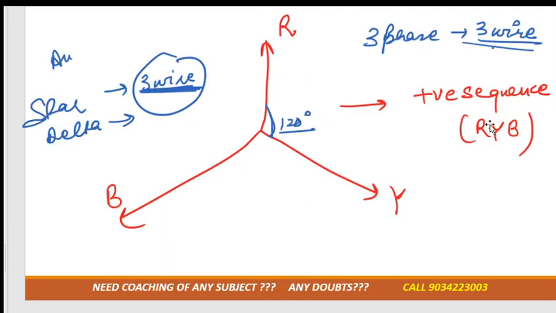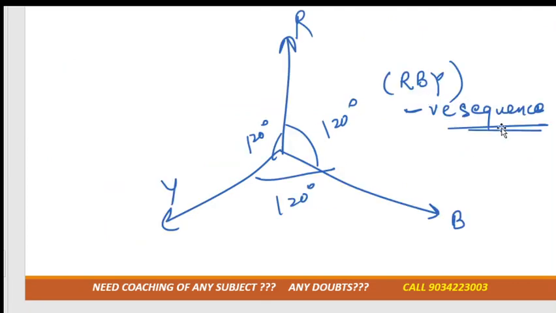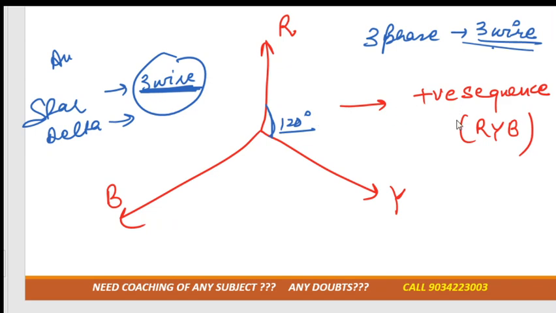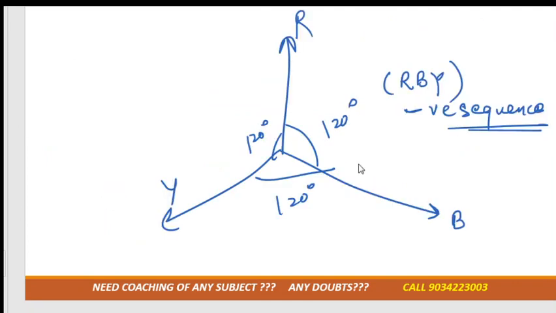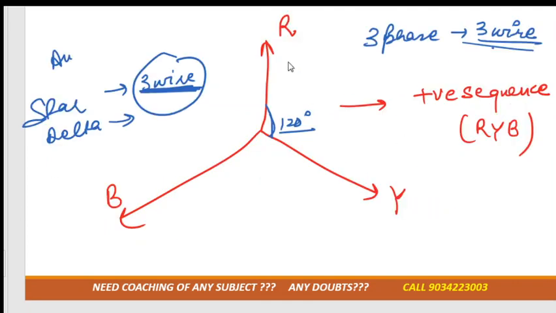Just write down: RYB is the positive sequence. If we are standing at R, we go to Y, then to B. It is positive. And RBY means if we go from R to B to Y, then it is known as the negative sequence.